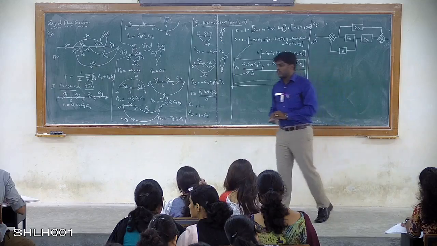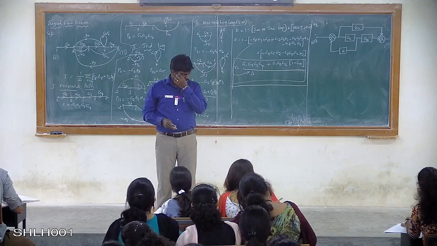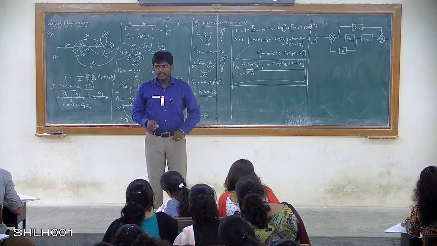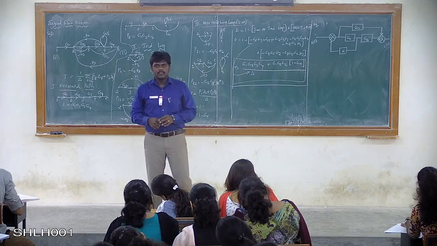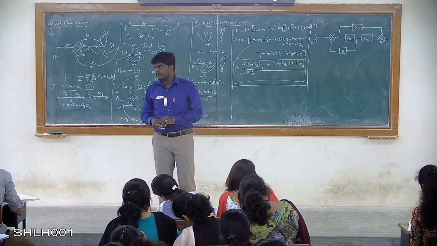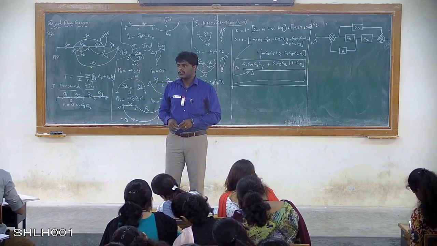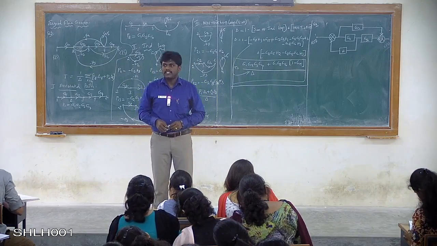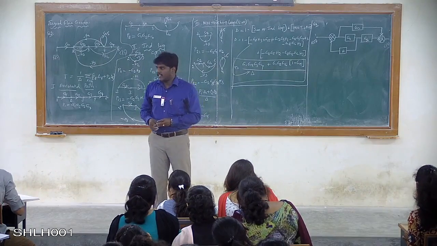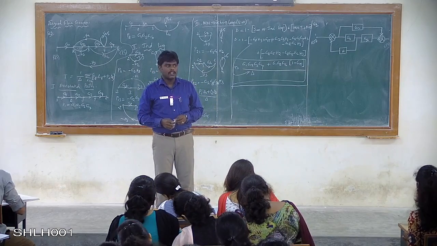Okay. Take down the next problem. Convert the block diagram into a signal flow graph and use Mason's gain formula to find the overall transfer function of the system.